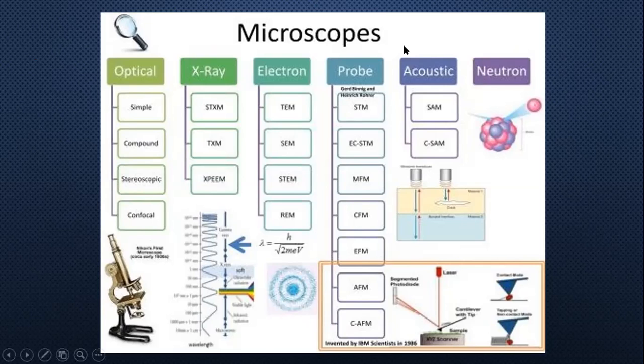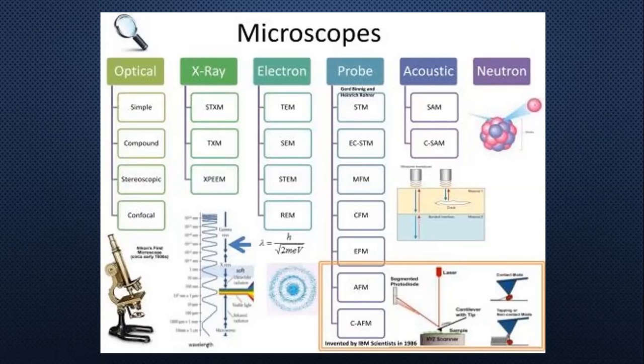Next, different probes can be used, in which again the classification is STM, EC STM, MFM, CFM, EFM, AFM, and CFM, etc. The next microscope depends upon the acoustic properties, and that may include the SAM and CSAM. So these are the different microscopes that are possible.